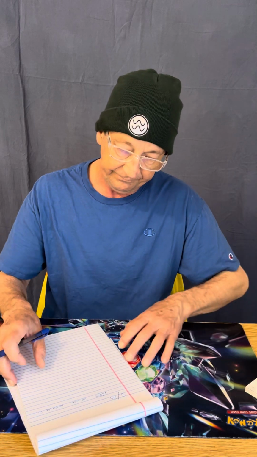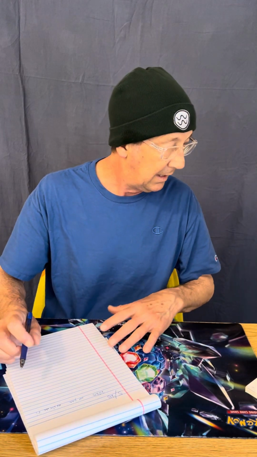How would you say September 2nd? 9月2日. Is that right? You would just say 9月2, I believe. Anyway. Okay.